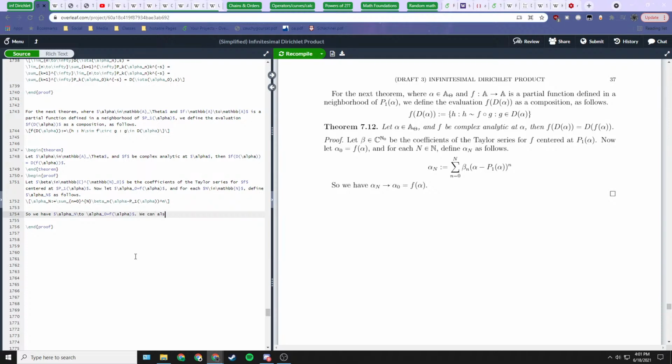we can also bound the alpha sub n like so.